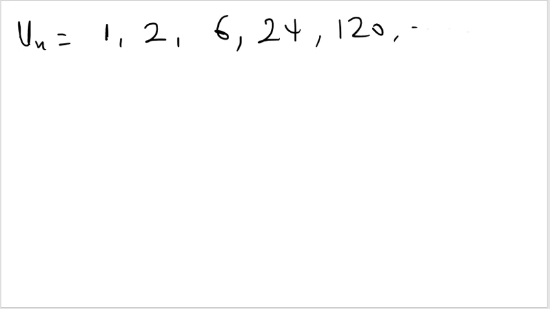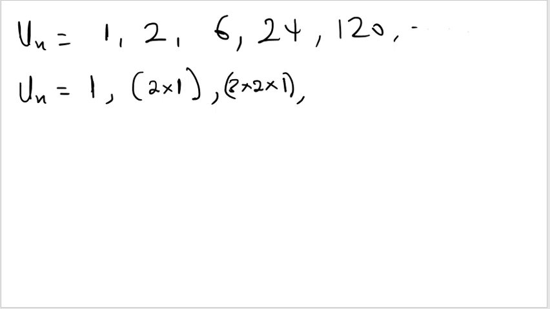So my un can be written as follows, so that you understand. The first one can be written as 1. The second one can be written as 2 times 1. The third one can be written as 3 times 2 times 1. The fourth one can be written as 4 times 3 times 2 times 1.